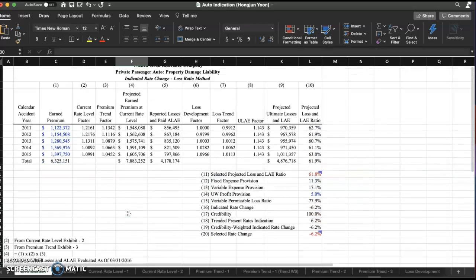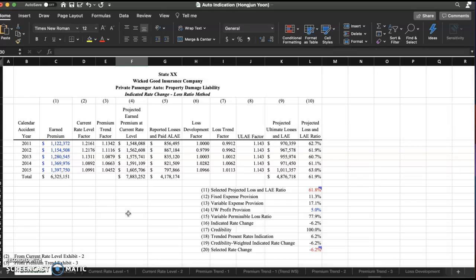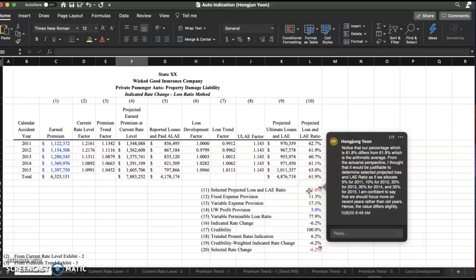Notice that for red font, I made my personal justification on my own assumptions from actuarial judgment. There is a disclaimer that different actuaries may justify different assumptions.